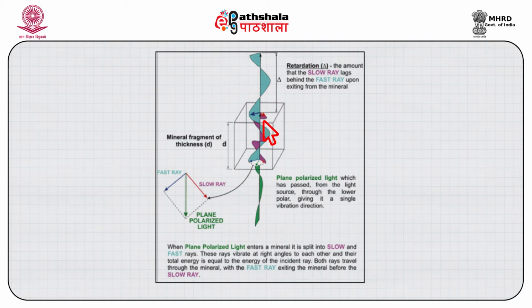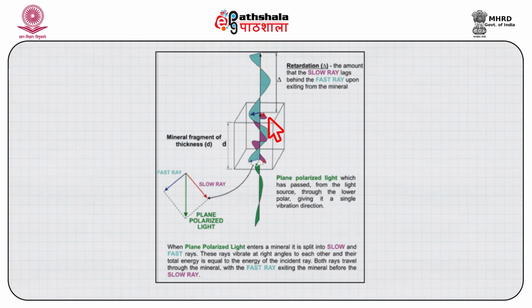This difference in traveling is what is called the retardation, which, as we have defined earlier, is nothing but dependent on the thickness of the mineral multiplied by the difference in refractive indices of the ray which has travelled faster from the one which has travelled slower.